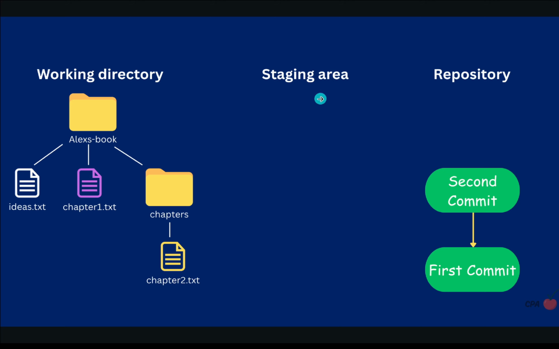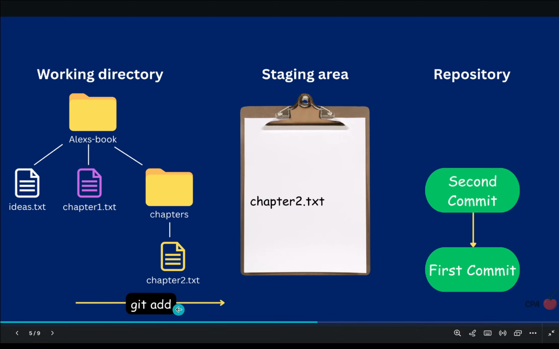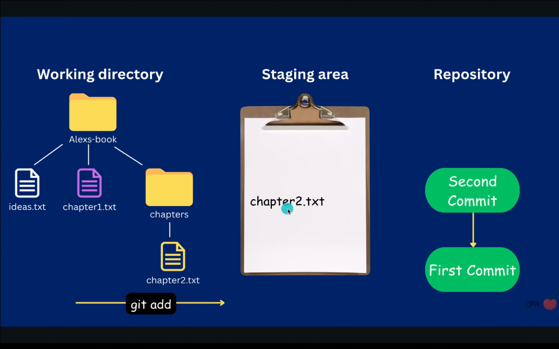This is where the staging area comes to help us. So when we type git add chapter 2, what happens is that we are telling Git to only add chapter 2 to the indexing area, and this is what will be committed next. So everything that we add to this staging area will be committed next.